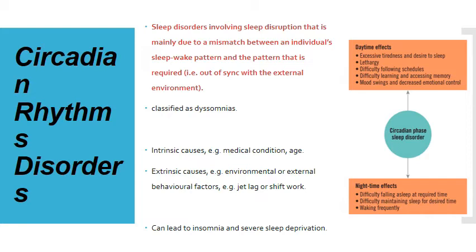These can be caused by intrinsic factors, so being caused by the body. So there might be medical conditions and age-related sleep-wake shifts, as we know occurs in adolescence. It can also be caused by extrinsic factors, so caused by the environment, and examples of that are jet lag and shift work. What these all lead to is insomnia and severe sleep deprivation.